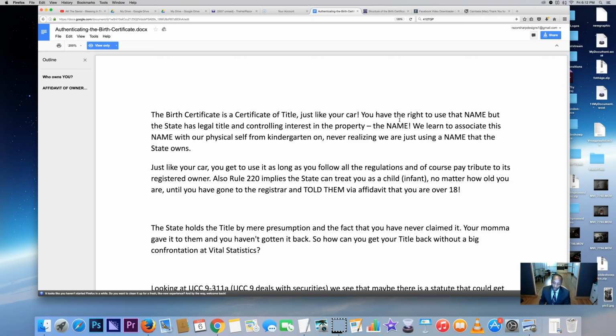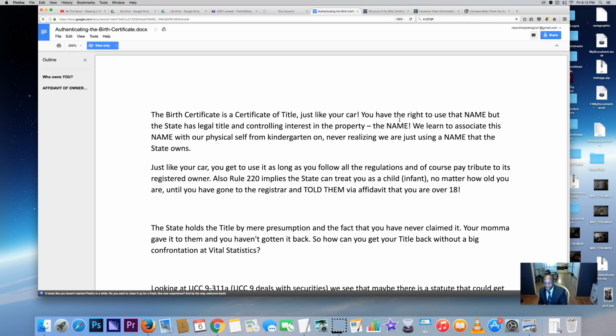Because that person whose name is on the certificate as the owner of the vehicle is still technically, by law, the owner of the vehicle, and so the owner of the vehicle actually transfers title ownership of the vehicle to the new buyer. Now, fast forward.